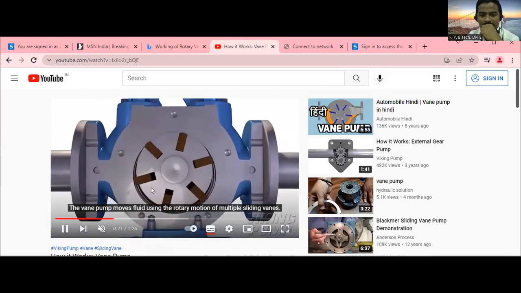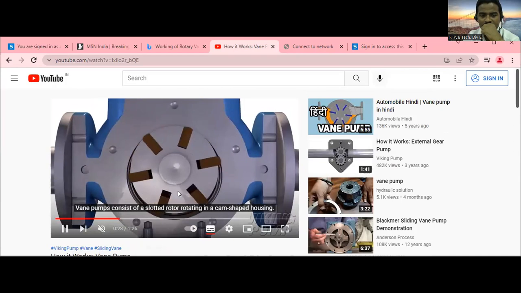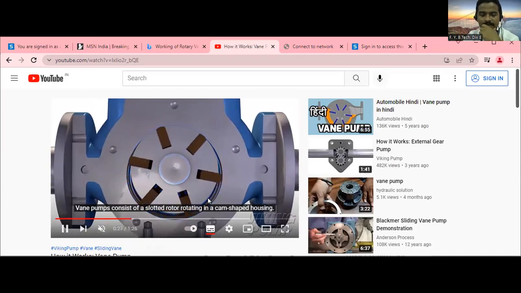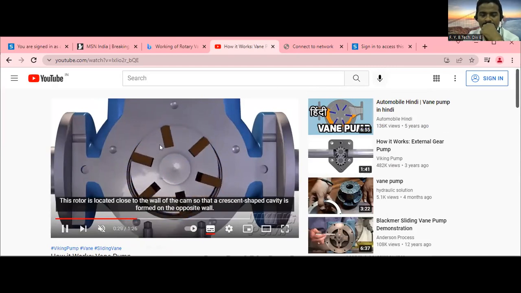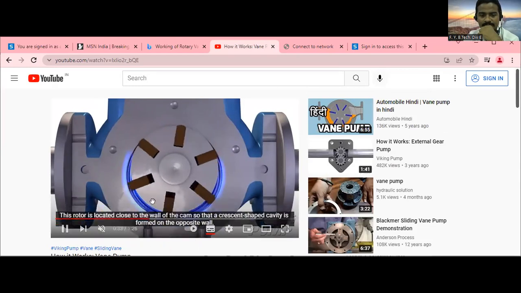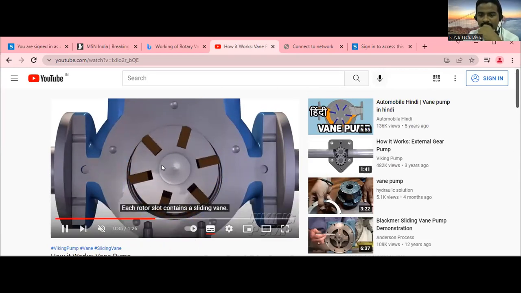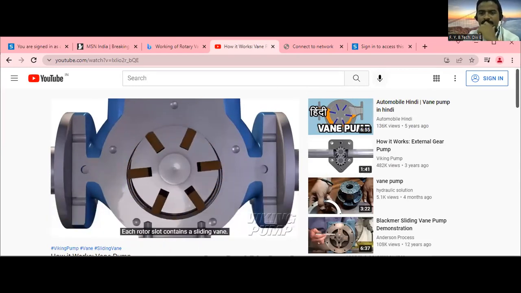How the vanes are operating. बघा दिसतंय का ते? How the vanes are operating, spring loaded vanes are operating. Accordingly, the pressure of the air will get increased by using this mechanism. Can you see the animation? Yes, sir.